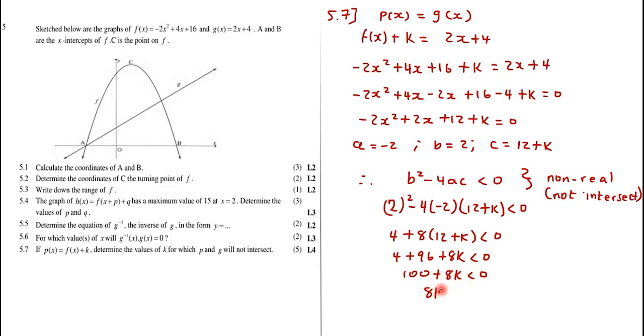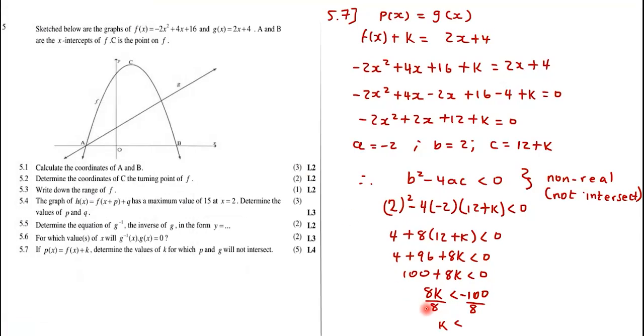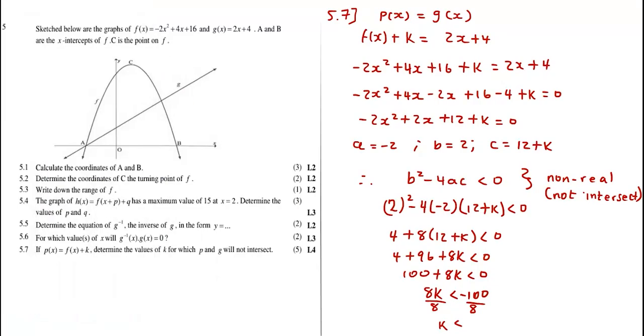And I have 8k less than minus 100, divide by 8 both sides, and then k will be less than minus 100 divided by 8, not 4 here, to be minus 25 over 2, and that will be the value for k.